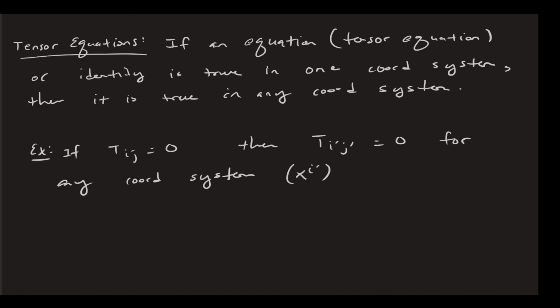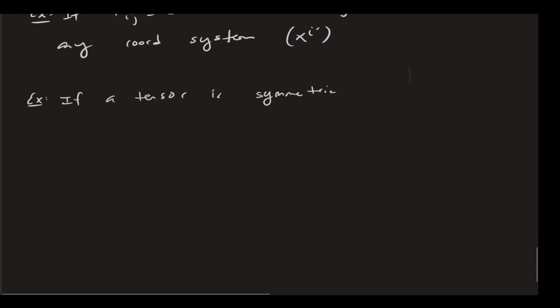So another result, for example, if a tensor is symmetric in one coordinate system, then it is symmetric in all coordinate systems.